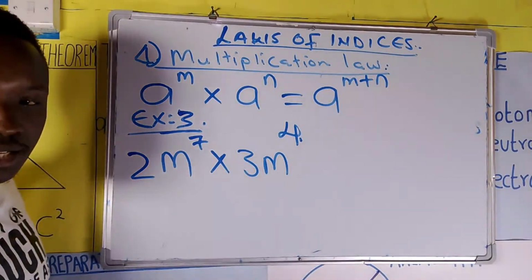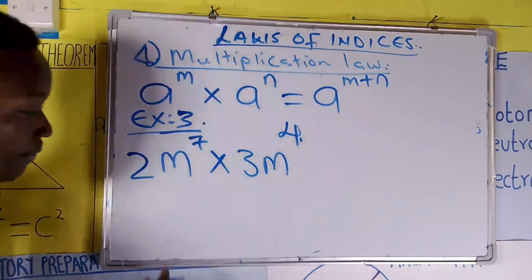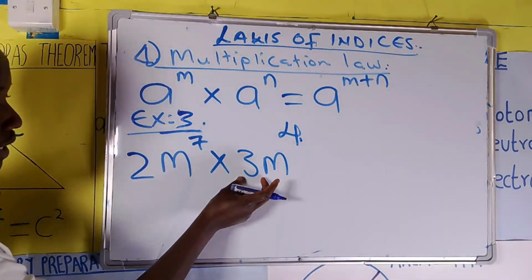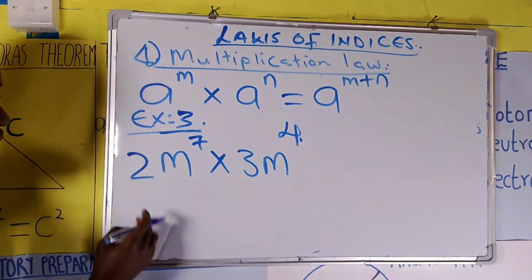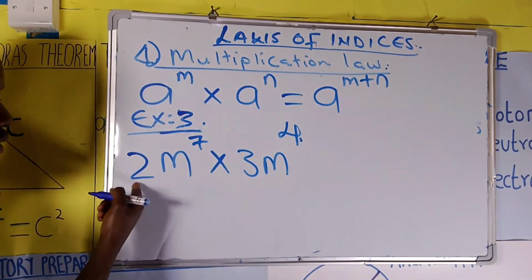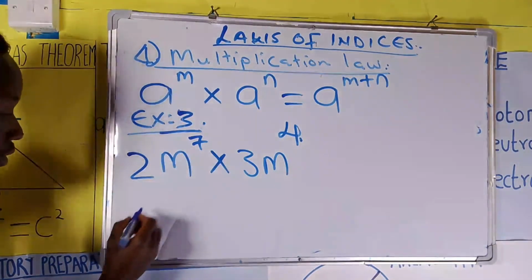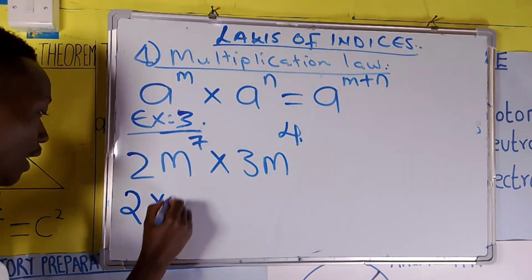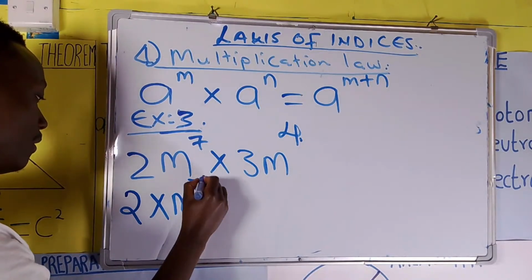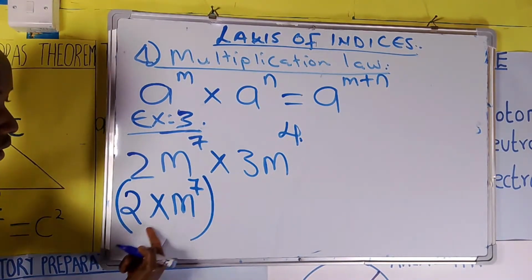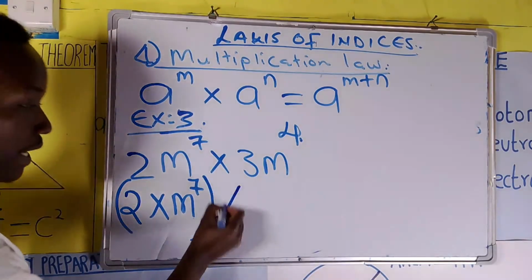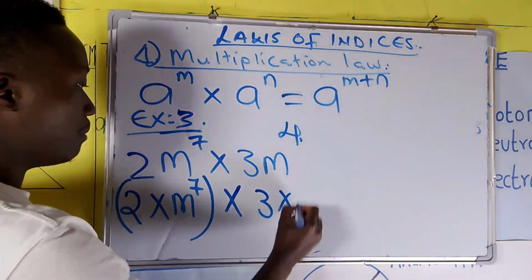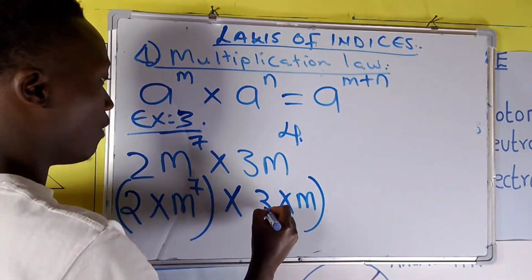We have different variables: the constants 2 and 3, and the m's. So what does this mean? This is the same as saying 2 times m to power 7 times 3 times m to power 4.